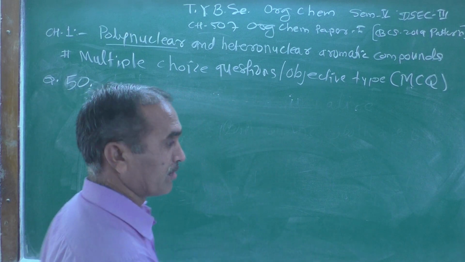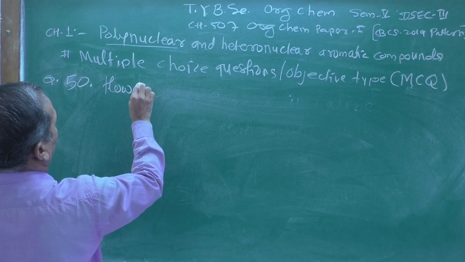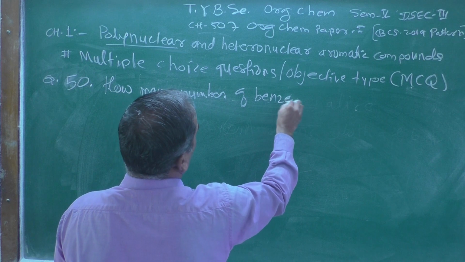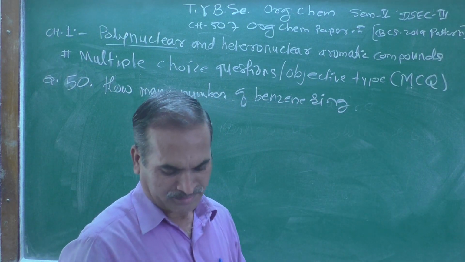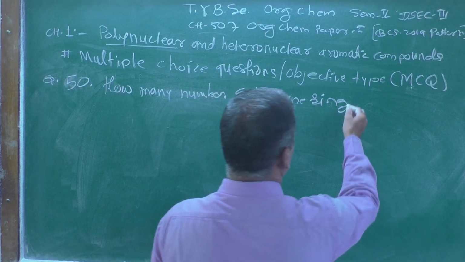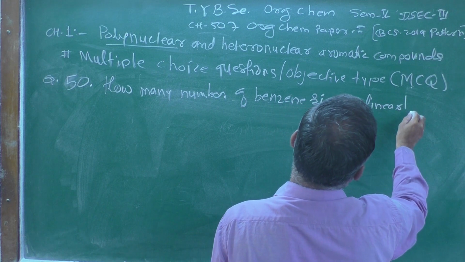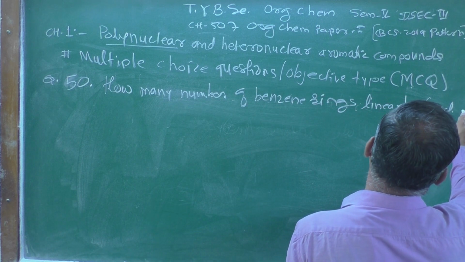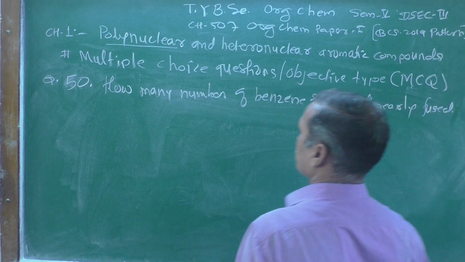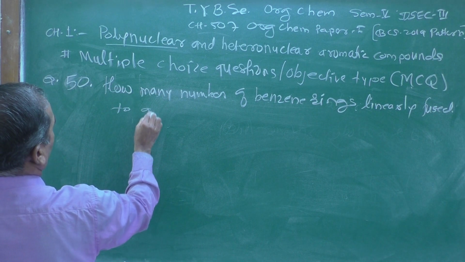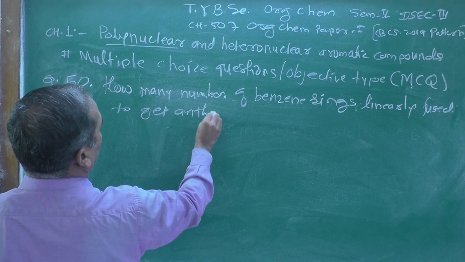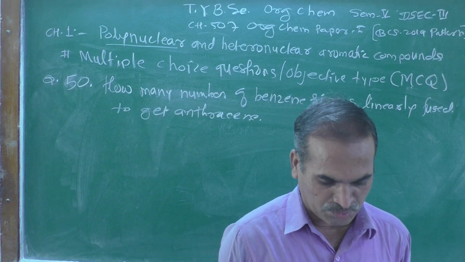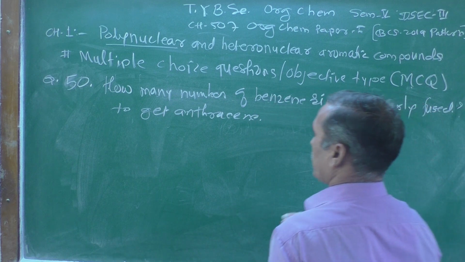How many benzene rings are linearly fused to get anthracene?